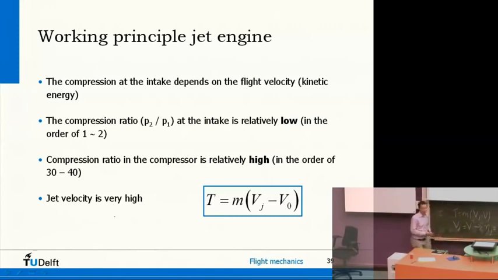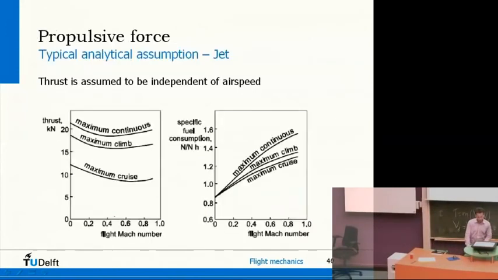As you can see, this jet velocity really depends on what happens inside the engine, because there the air gets compressed a lot, and the engine doesn't really sense what happens in front of it. So if you make thrust a function of airspeed, it looks more or less like this. Let's take maximum continuous thrust, which means you give full power in the cockpit.